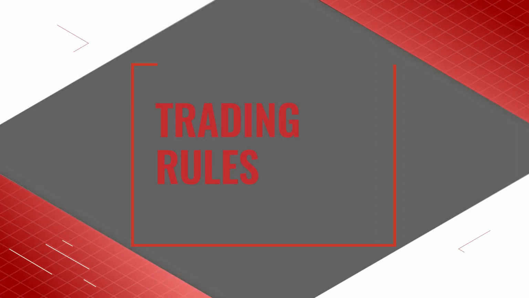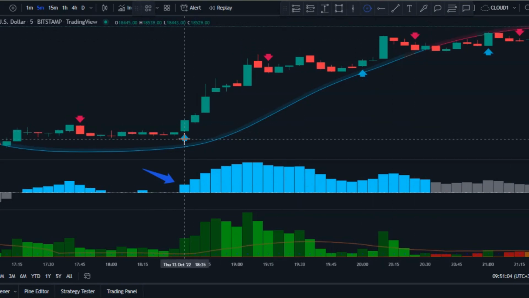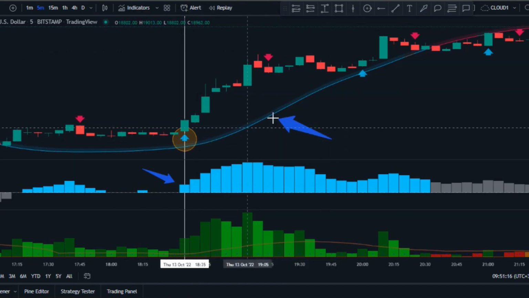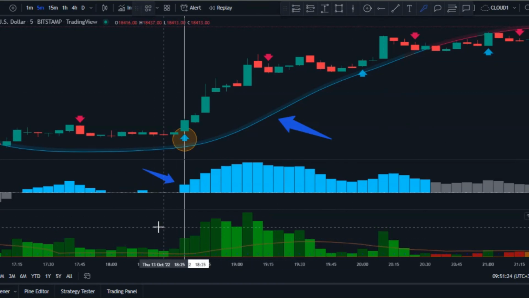So now let's check out the trading rules. So the QQE Mod is our main indicator. Whenever the first blue bar appears in the histogram of the QQE Mod, this would be our buy signal. And after that, the candlestick should be above the SSL line and the SSL line should be blue. And for the final confirmation, the histogram of the Vado After Explosion should be green and it should be above the signal line.